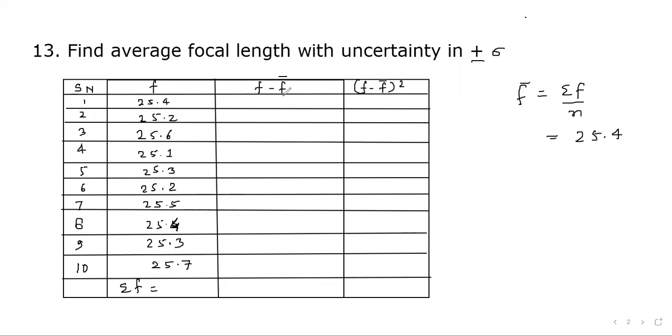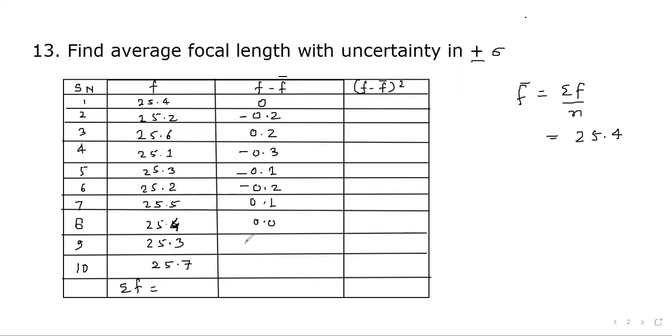Now we have to find out F minus F bar. So this will be 0, then this will be negative 0.2. The next one will be 0.2. The next one will be negative 0.3. Then minus 0.1. Then minus 0.2. Then 0.1. Then 0.0.